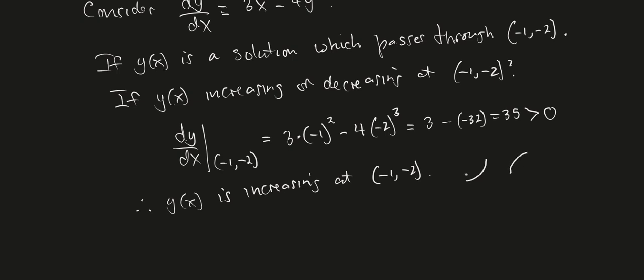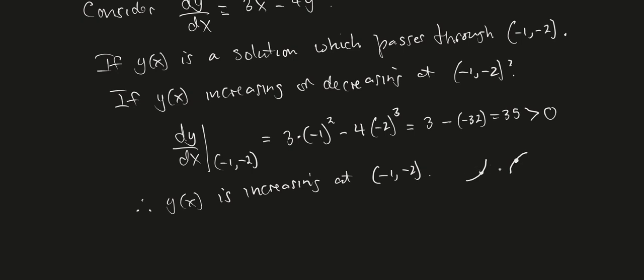It has to be one of those two. So these are possible graphs of our solution at this particular point. I'm not really going to label it, but let's just say that's the point (-1, -2).